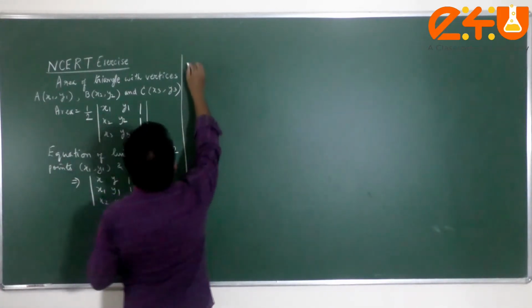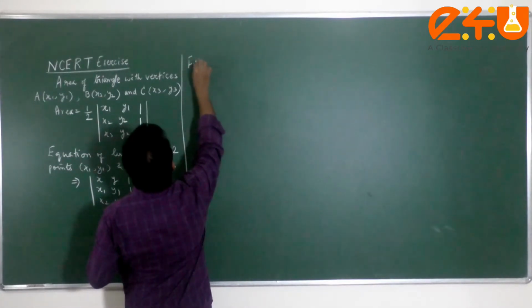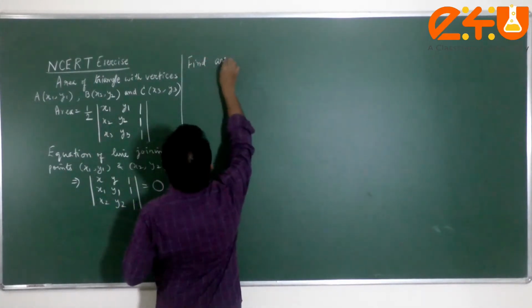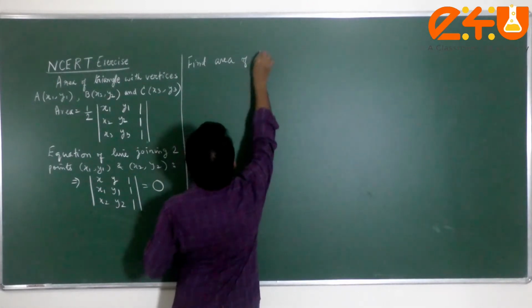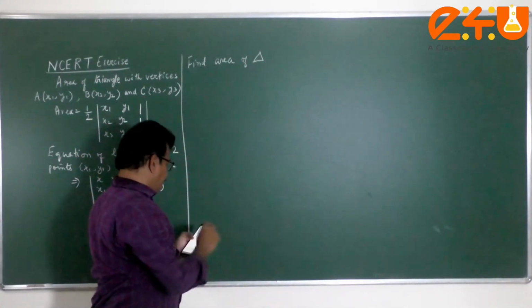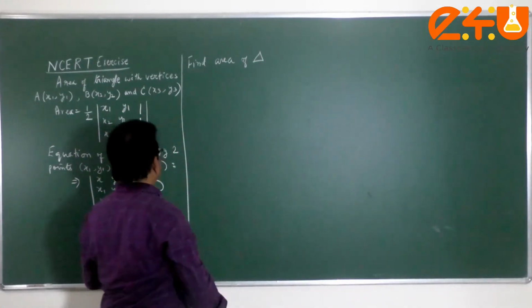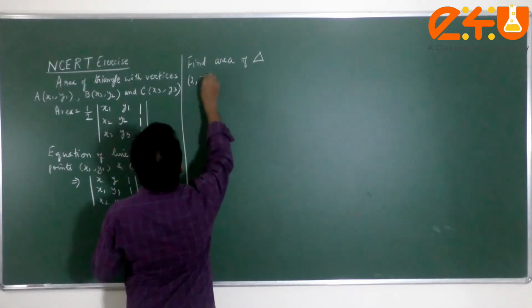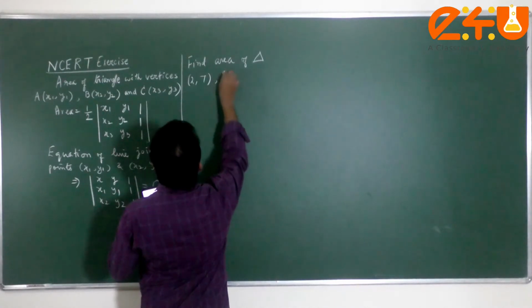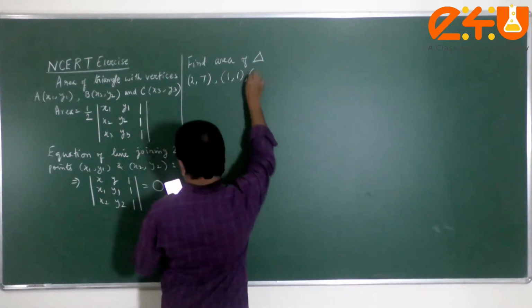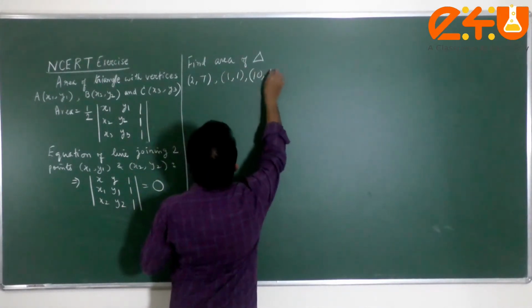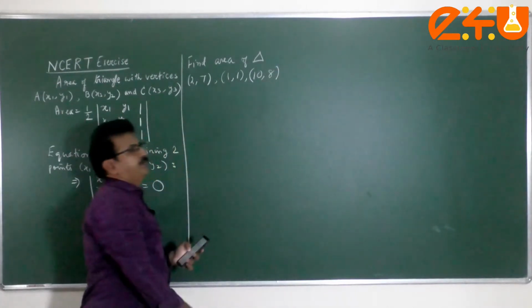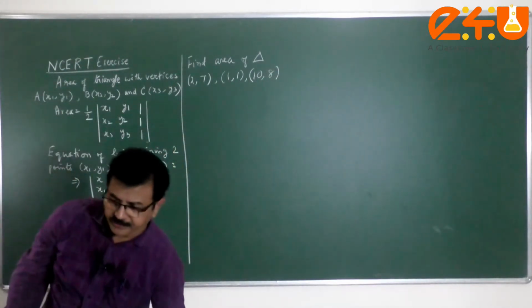So let us start evaluating the problem from NCERT. First, let us find the area of a triangle. Given vertices, let us take it in order. I am just choosing a question from exercise 4.3. One vertex is (2, 7), second is (1, 1), third is (10, 8). So that is one of the questions.